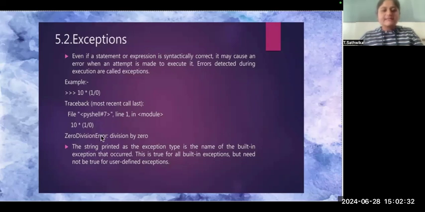It raises a ZeroDivisionError because division by 0 is not possible. The string printed as the exception type is the name of the built-in exception that has occurred. This is true for all built-in exceptions, but need not be true for user-defined exceptions.